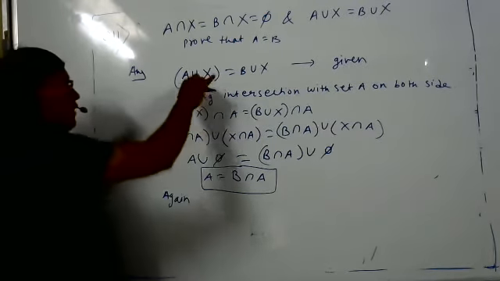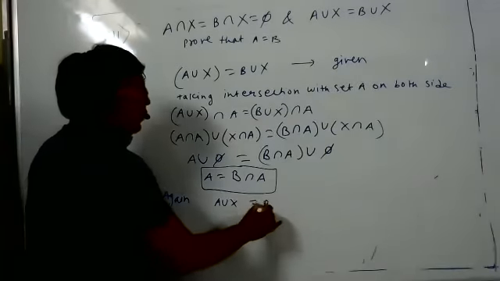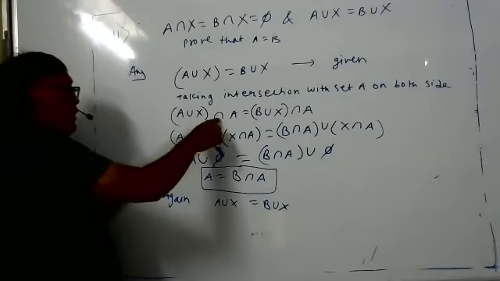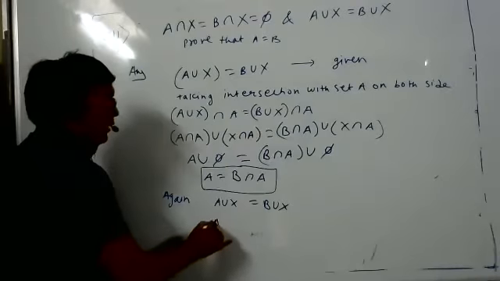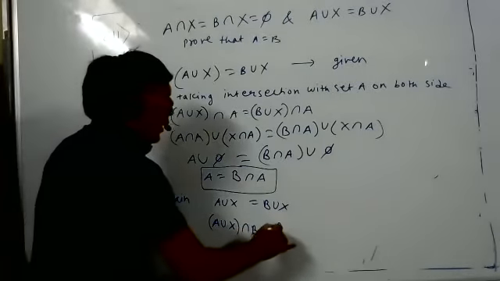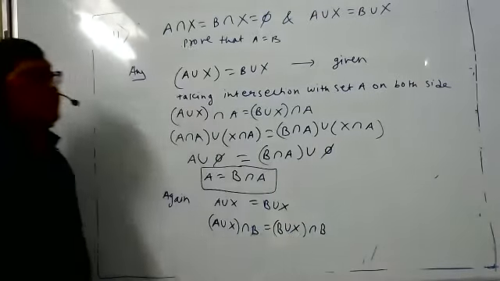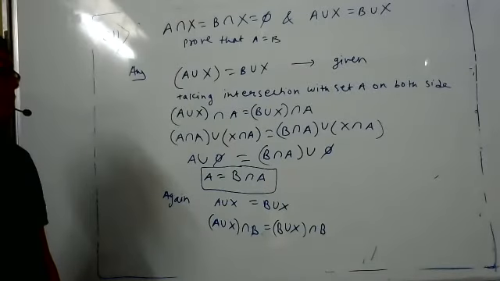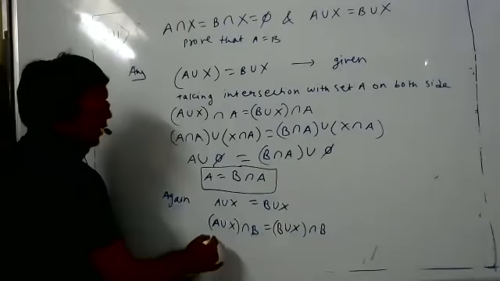Again, write this: A union X is equal to B union X. In the first case, we did intersection with A. Now do intersection with B. So what will you get? (A union X) intersection B, and here (B union X) intersection B. Till here, who has doubt? I did intersection with B. Now use the distributive property.